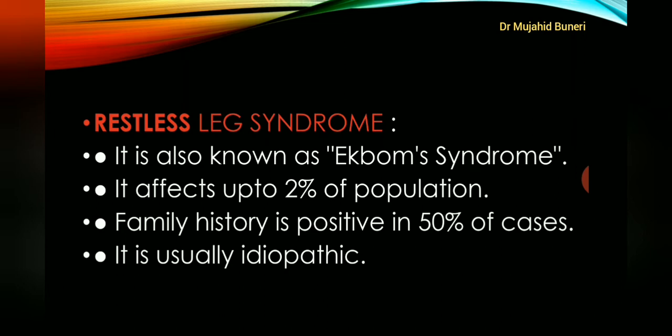It is a very common disease as it affects up to 2% of the population. Now, when you take history from a patient of restless leg syndrome, in 50% of cases, family history will be positive. It is usually idiopathic.